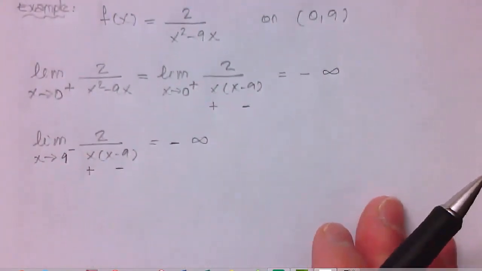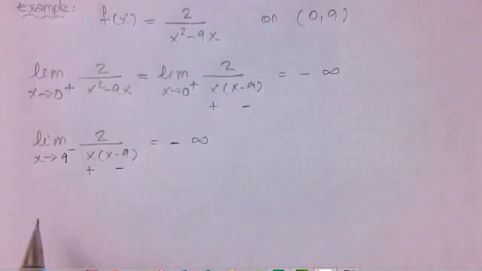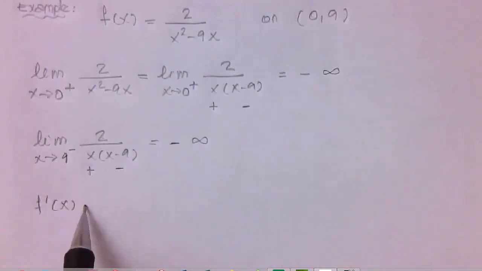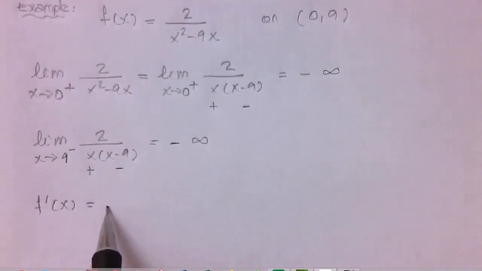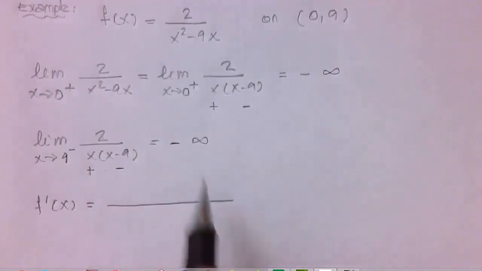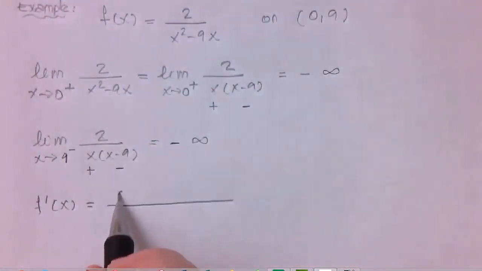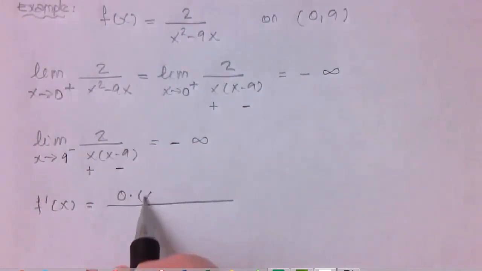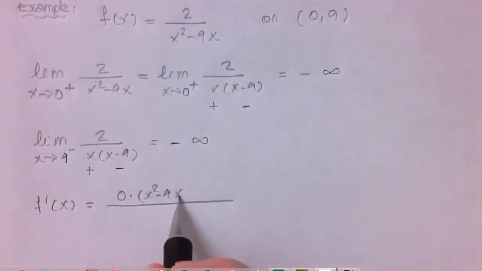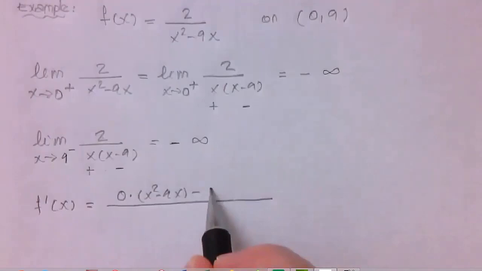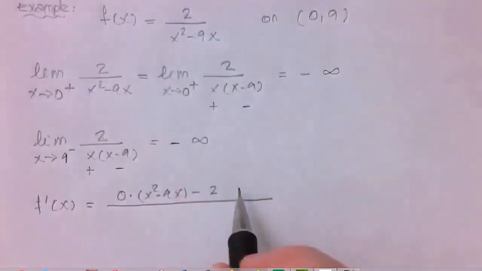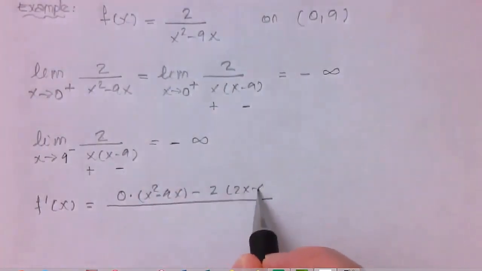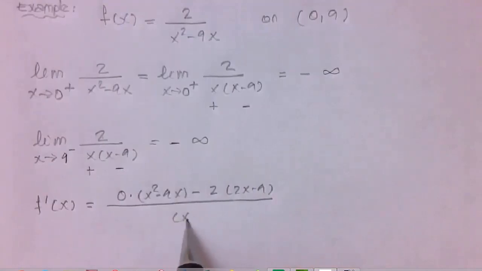So if we need to find the absolute maximum, what we need to do is find the derivative to find the critical point, right? So let's use the quotient rule there. The derivative of the top is 0 times the bottom, minus the top times the derivative of the bottom, divided by the bottom squared.